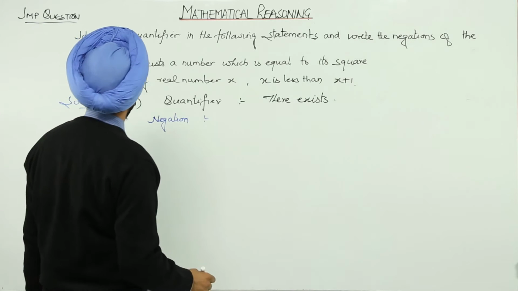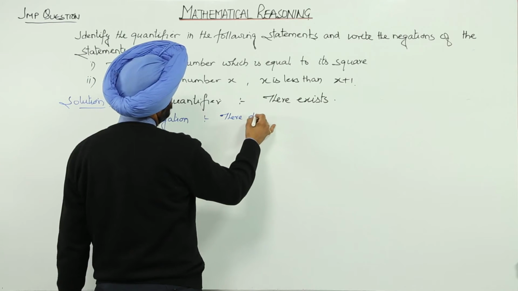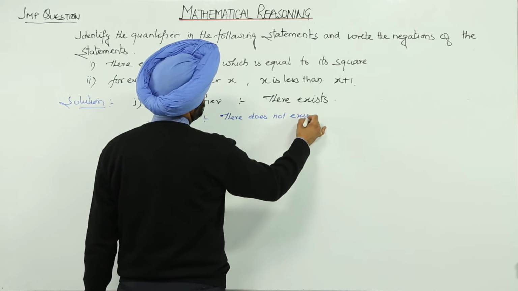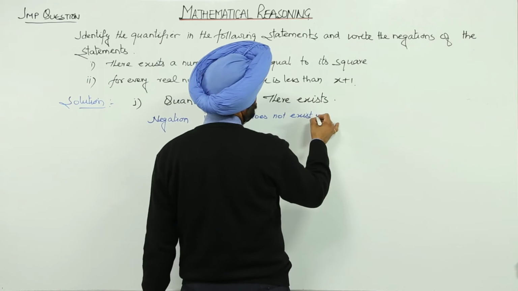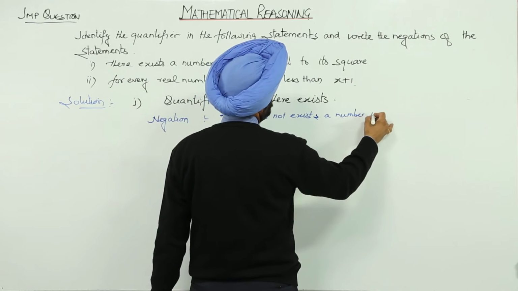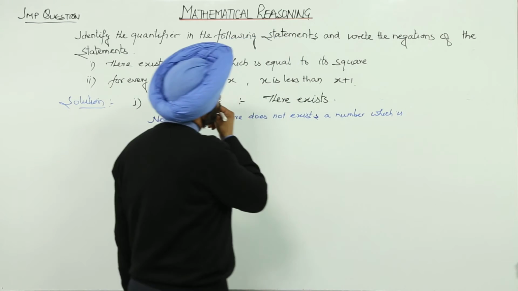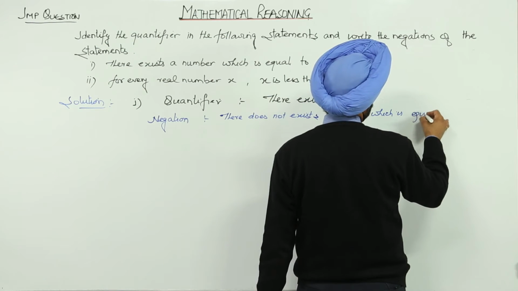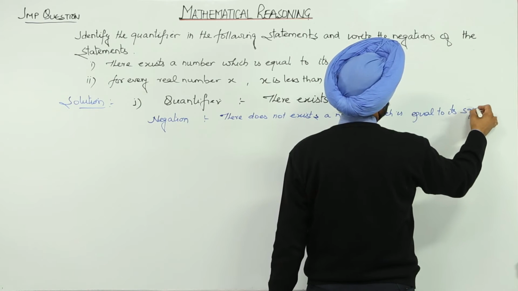Negation becomes there does not exist a number which is equal to its square, which is equal to its square.